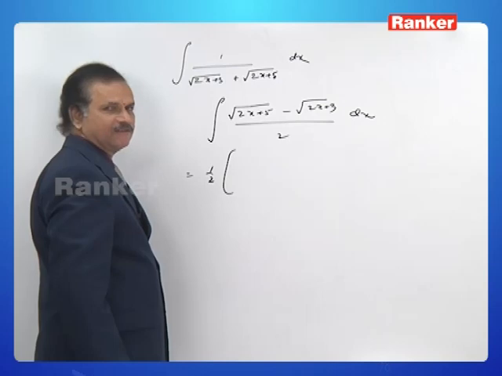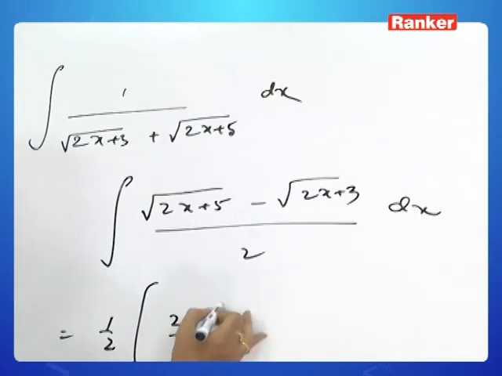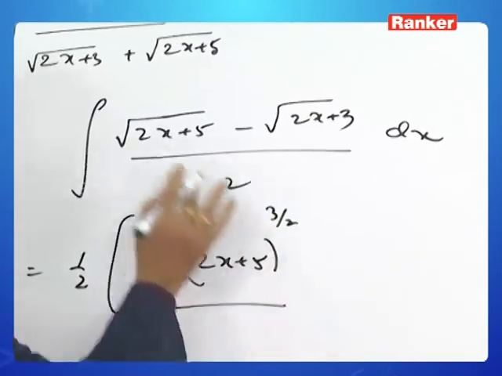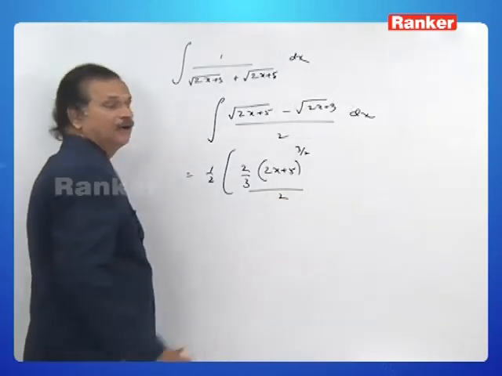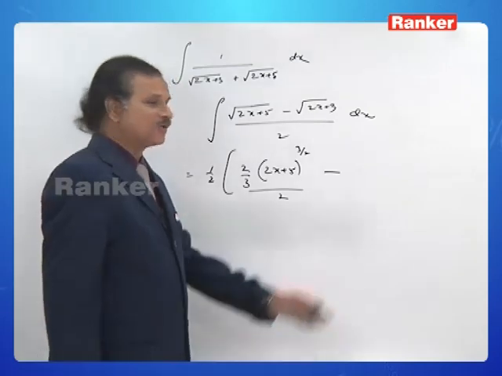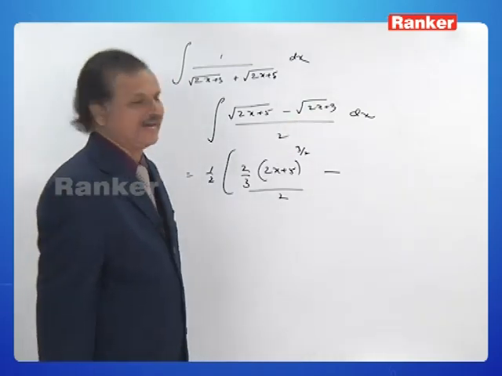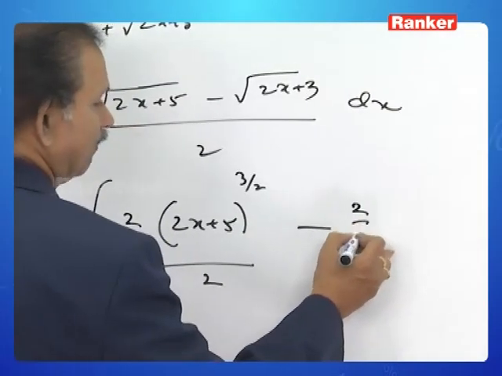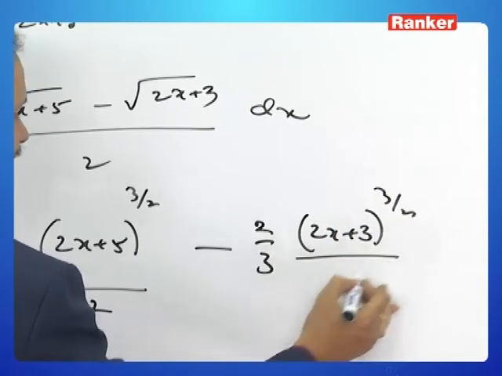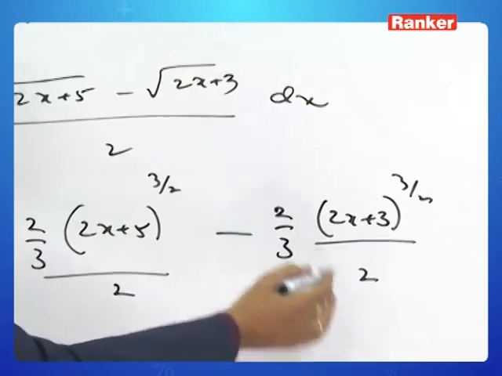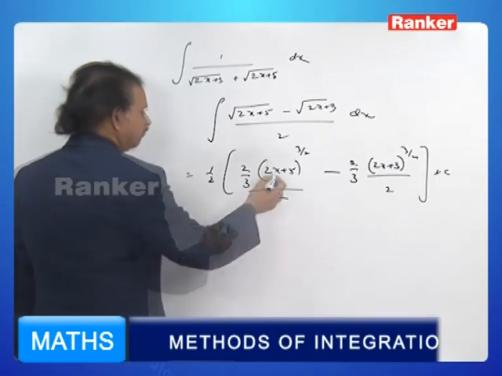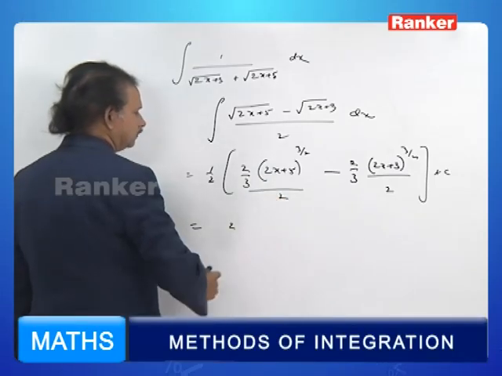What is the integral of root x? 2 by 3 x root x, that is x to the power of 3 by 2, divided by its derivative 2, minus the integral of root 2x plus 3. We are now considering this 2x plus 3 as x in our mind. Root x integral is 2 by 3, 2x plus 3 whole to the power of 3 by 2, by 2. This 2 will be cancelled, of course.